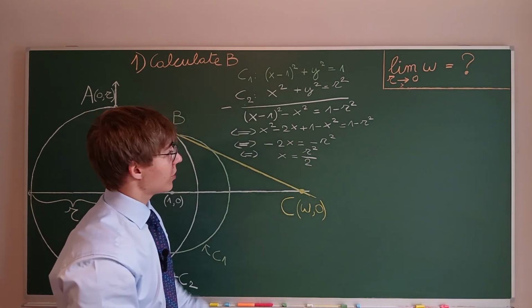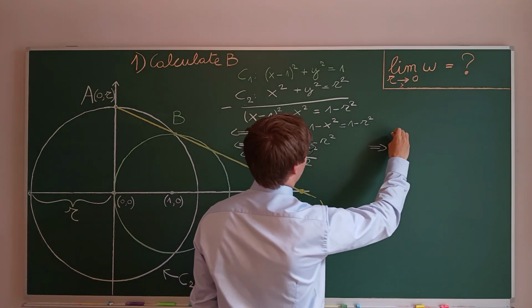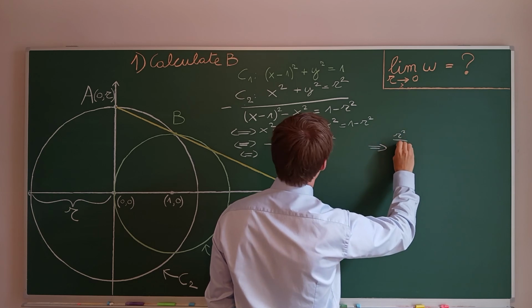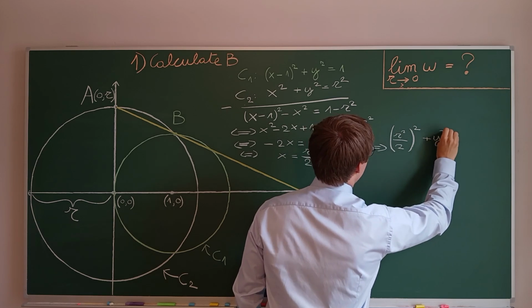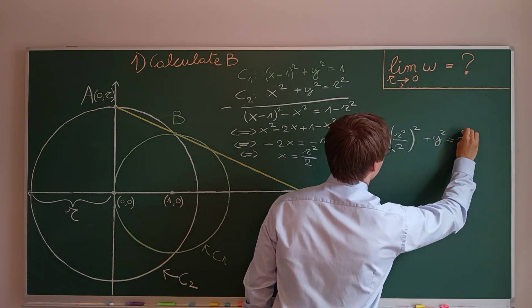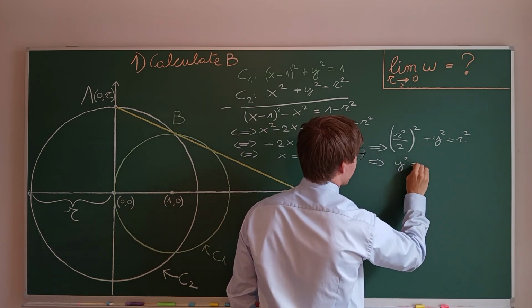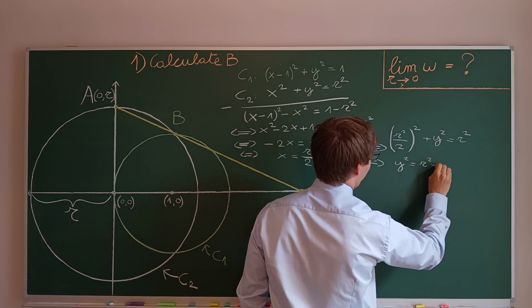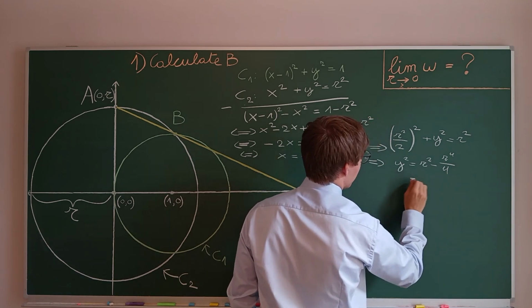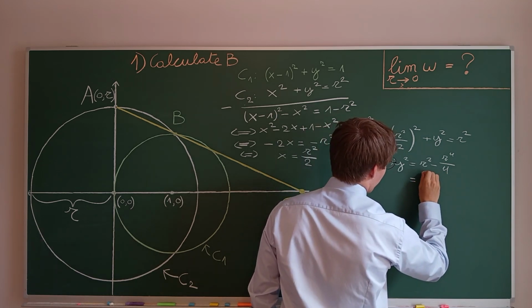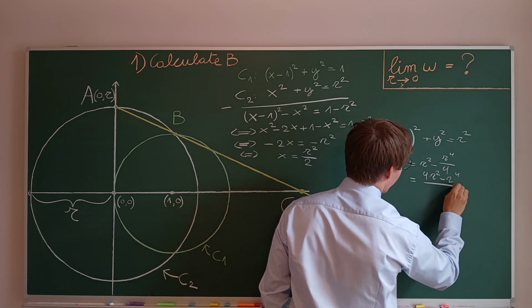Now let's plug in x to the first equation to calculate y. We get that (r squared over 2) squared plus y squared is equal to r squared, which gives us that y squared is equal to r squared minus r to the fourth over 4, which is (4r squared minus r to the fourth) over 4.